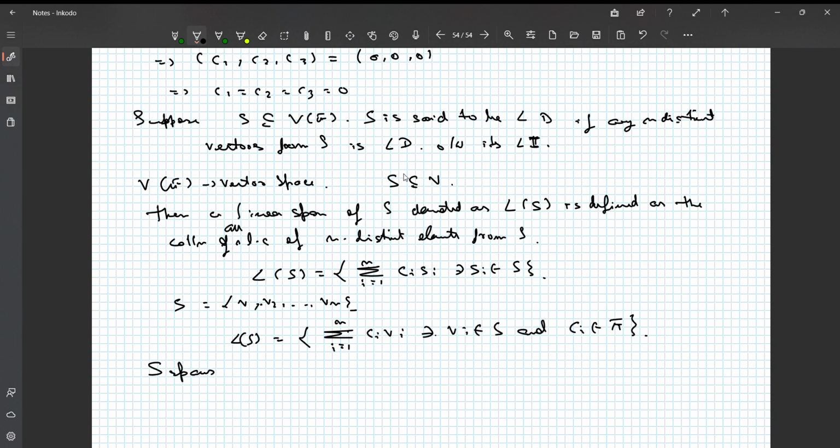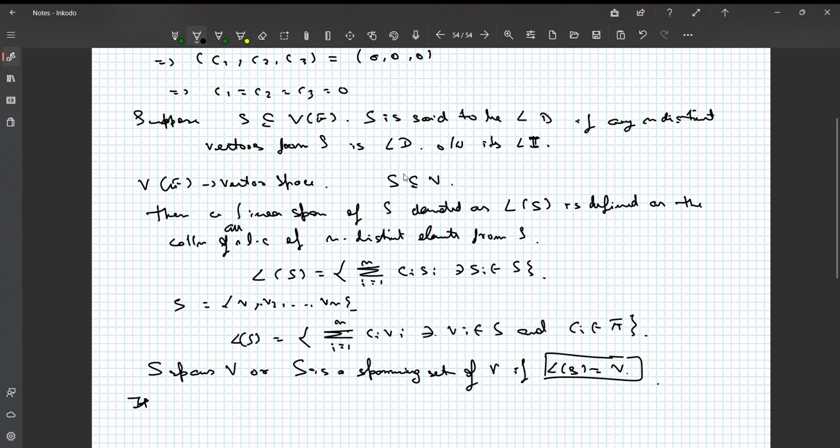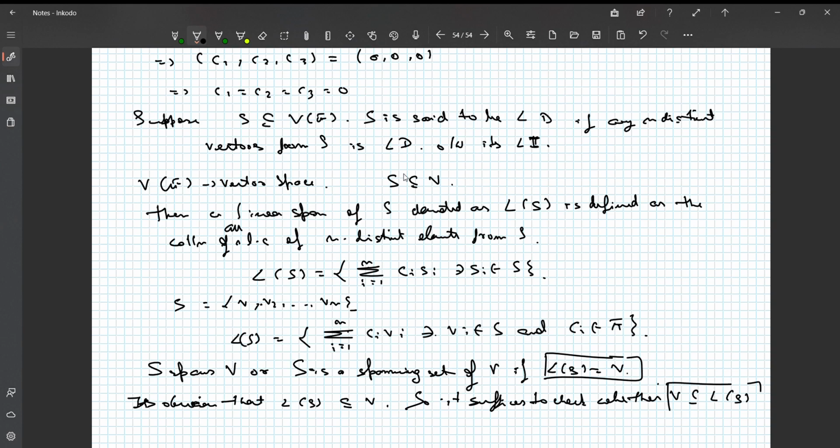Now we say that S spans V, or S is a spanning set of V, if the linear span of S equals V. Now, since V is closed under addition and scalar multiplication, obviously the linear span of any subset of V is contained in V. So it suffices to check whether V is contained in the linear span of S or not.